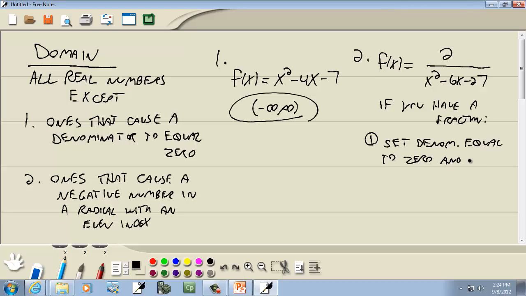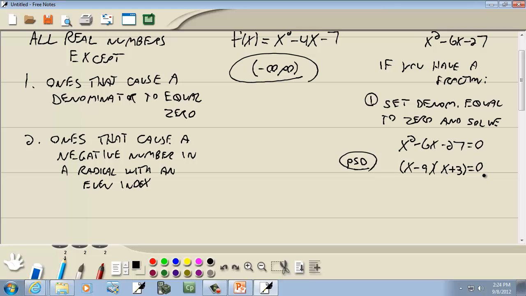Well, in this case I have x squared minus 6x minus 27 set equal to 0. This factors using the PSD method. So this is x minus 9 times x plus 3.